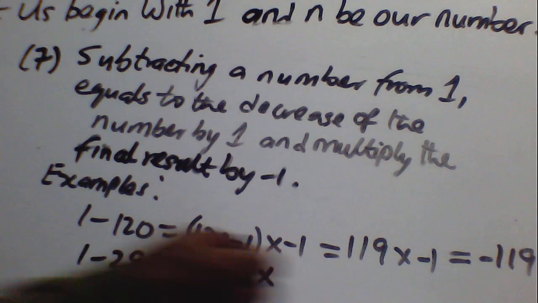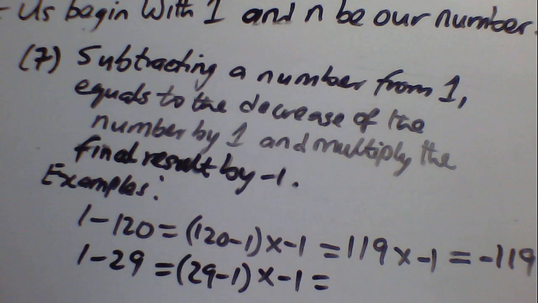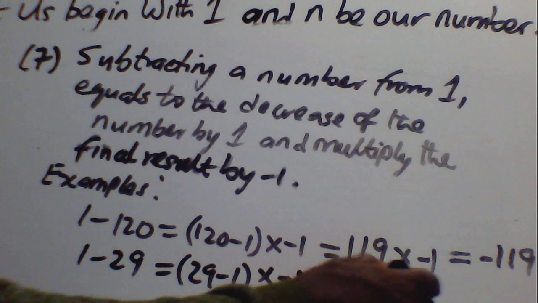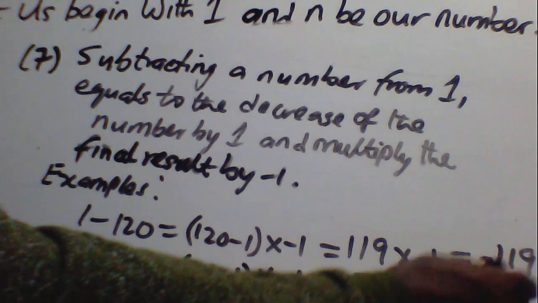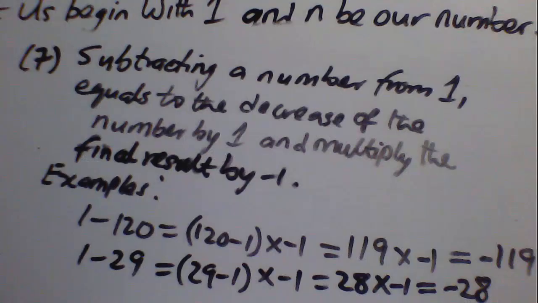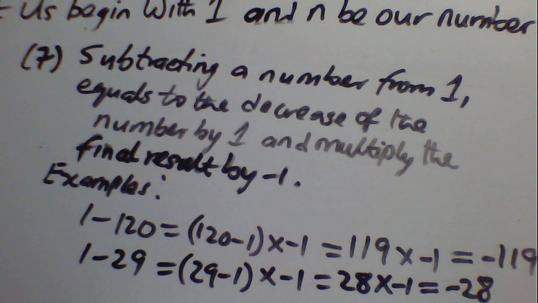You multiply the result by minus 1. So 29 minus 1 is 28. Multiplying by minus 1 will give us minus 28. So this is the secret you have to know about 1.